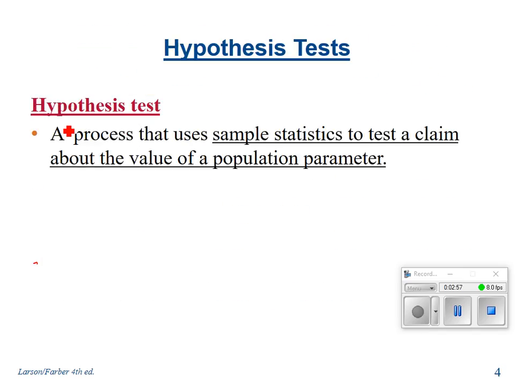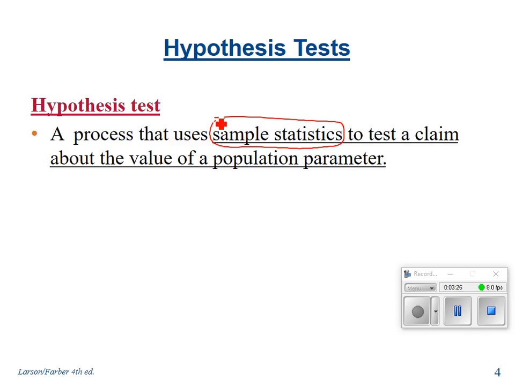All right, a hypothesis test. Write this part down. Pretty important. A hypothesis test is a process that uses sample statistics to test a claim about a population parameter. Remember, we talked about this way back at the start of the year. When you're doing a sample, it's called a statistic.